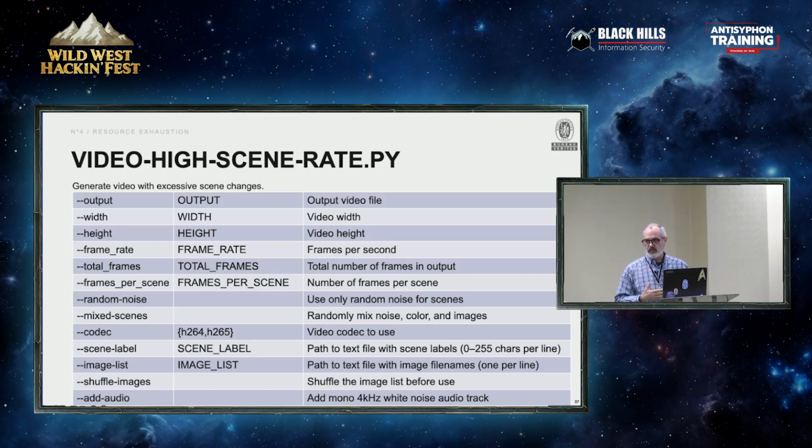They compress very well. Some detect that and won't allow the video, so there's another one that will do random noise, and that might pass it. Then you can also put images in there and shuffle them. There's a lot of ways to configure what you want. There's also an audio option here because some will reject videos that don't have any audio, so there's a white noise track. An improvement on this would be to add your own audio stream and loop it.